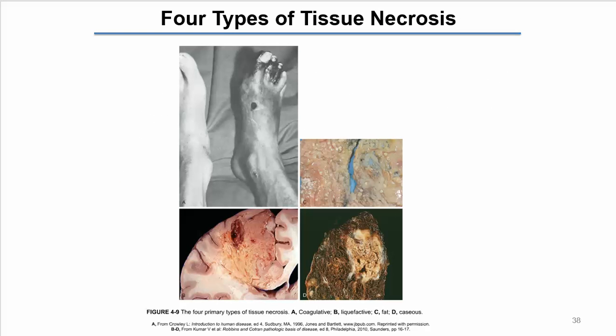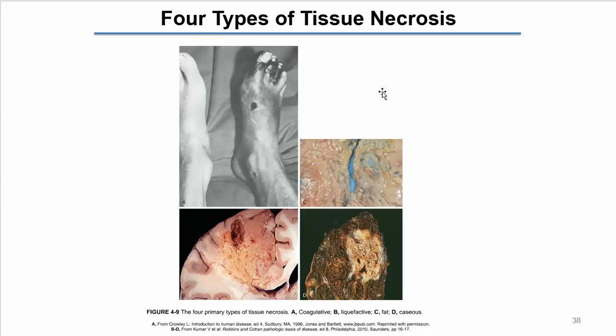So when we look at this, there are some photographs of things. This is coagulative necrosis. See how the toes are black here? But they still look like toes. The shape, the outline of the tissue is intact, but the tissue is dead.